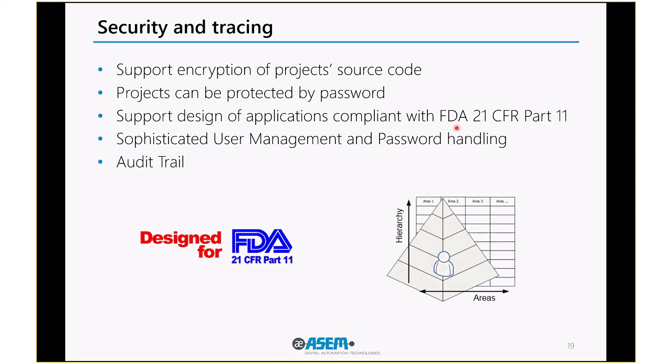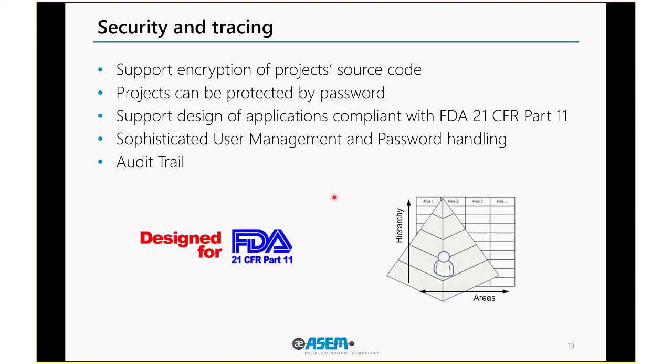So, in other words, this means that you can easily trace what people are doing with your system. So, who changed which value of a variable, let's say, of a set point, who changed that set point from which value to which other value and when.